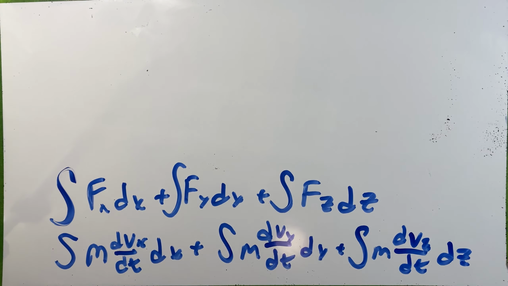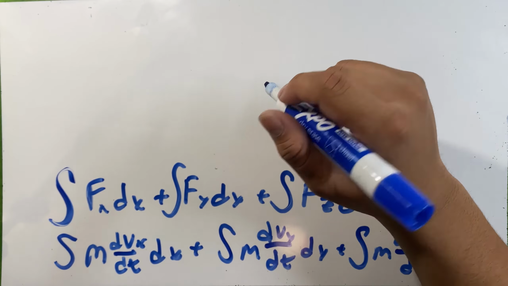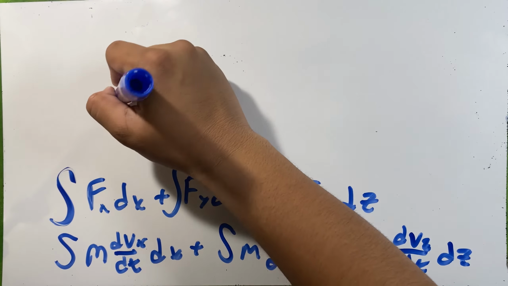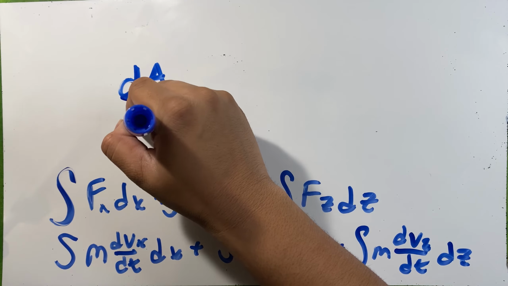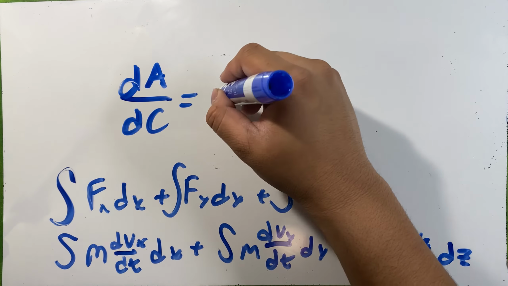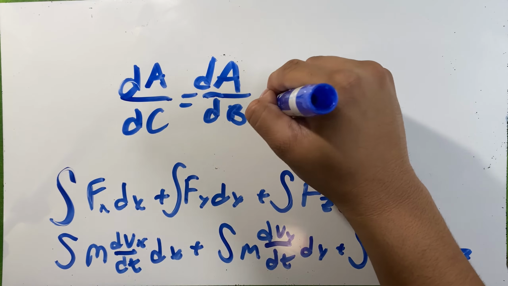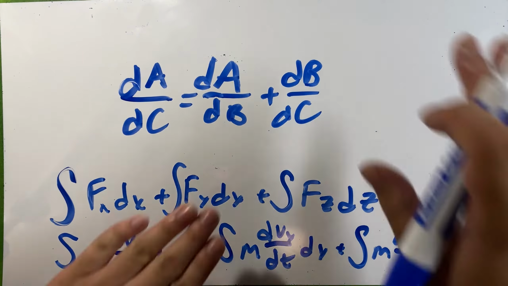Well, if you remember from Calculus 2, or even just any of the other calculus classes, you remember the chain rule, right? dA/dC is going to be equal to dA/dB times dB/dC.